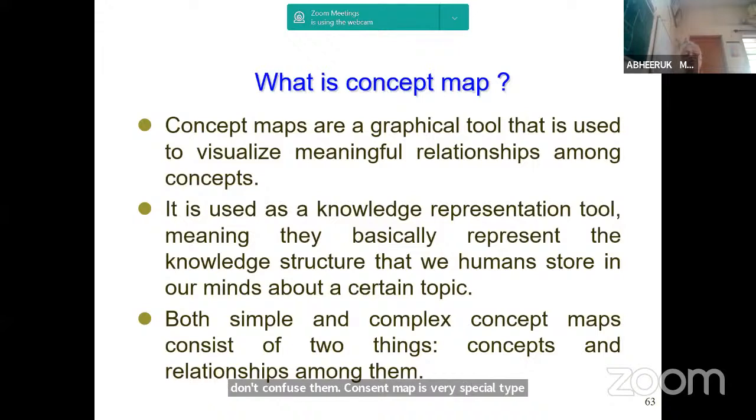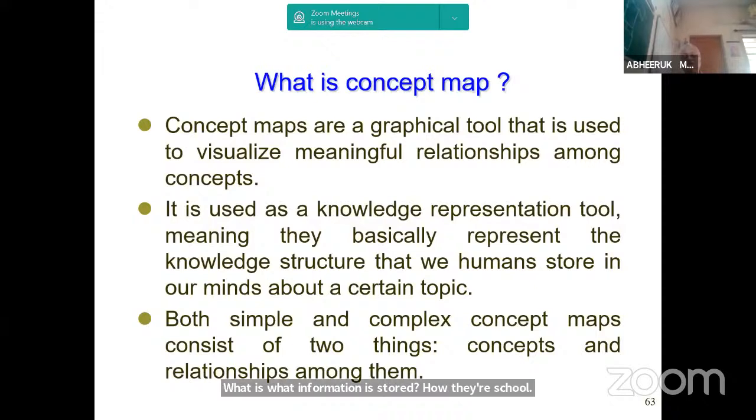Concept maps are graphical tools that are used to visualize meaningful relationships among concepts. It is used as a knowledge representation tool, meaning they basically represent the knowledge structure. Knowledge structure means what is stored in the human mind, what information is stored, how it is stored.